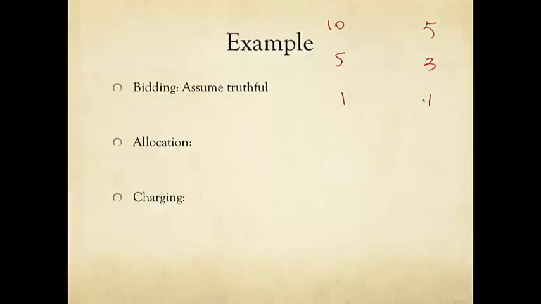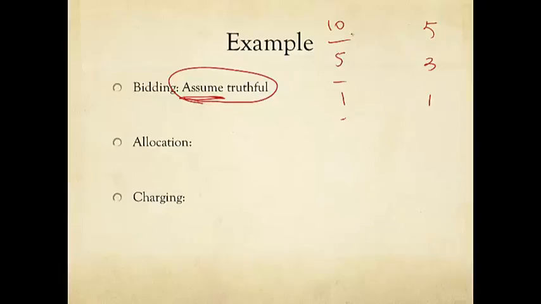So now let's finish the discussion of this example. What kind of bidding would they provide? Let's assume they do truthful bidding. The keyword is assume. We'll later come back to why this is not true in general. But assuming truthful bidding, their bids are exactly 10, 5, 1 respectively for the 3 buyers. So in that case, we know exactly how much they'll bid.